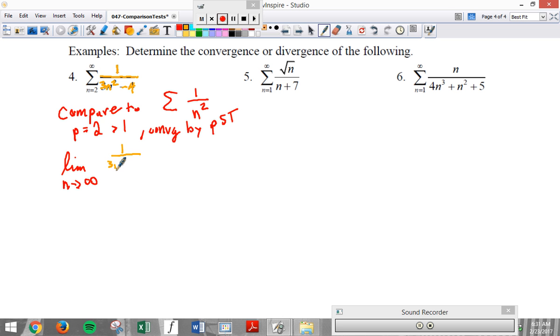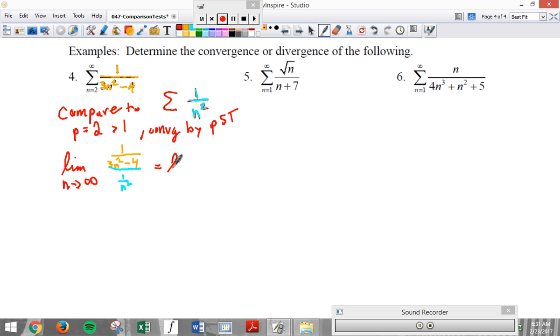It doesn't matter which order you divide it. Maybe some of you already wrote down a division in another way. It doesn't matter which order you divide. So I'm doing that limit as n goes to infinity.